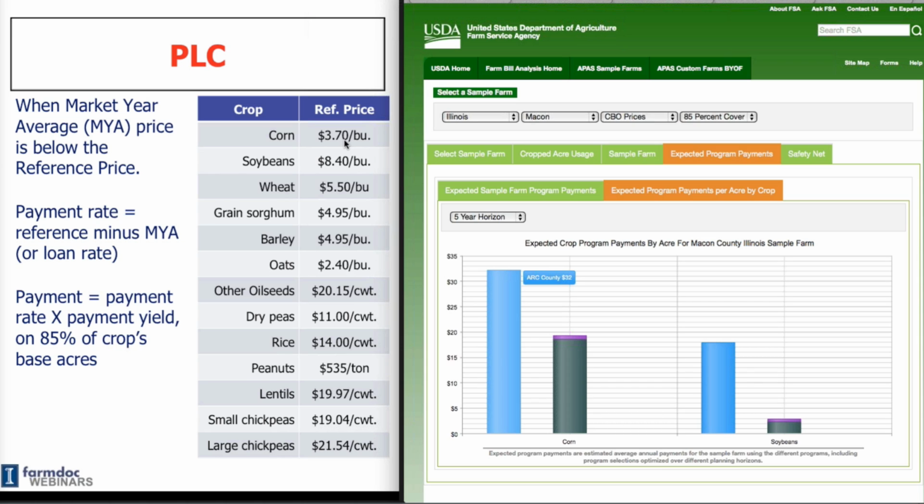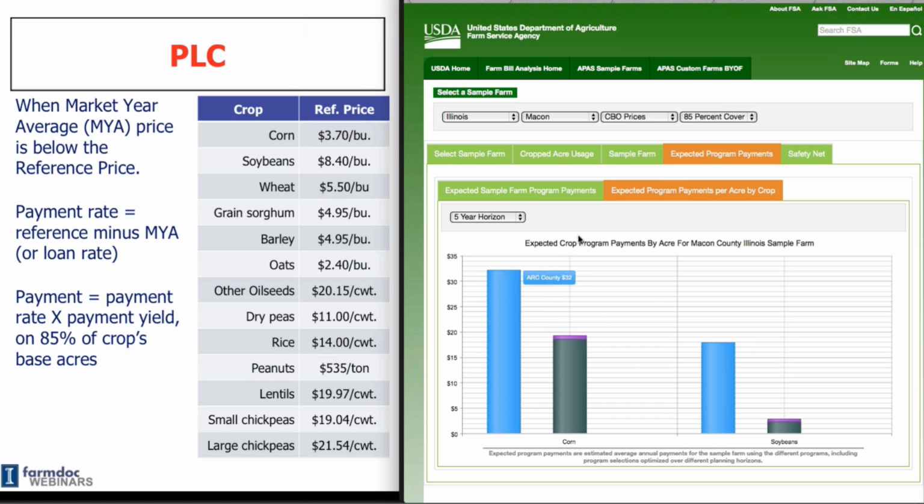So we only have 1 month, and I don't even think we know what the 1 month average price is yet for September. It will be released the last part of this month. If that market year average is below 370, there will be a payment on PLC. It will be that payment rate times the program yield that you selected earlier times 0.85, which is the percent of base acres in that crop.